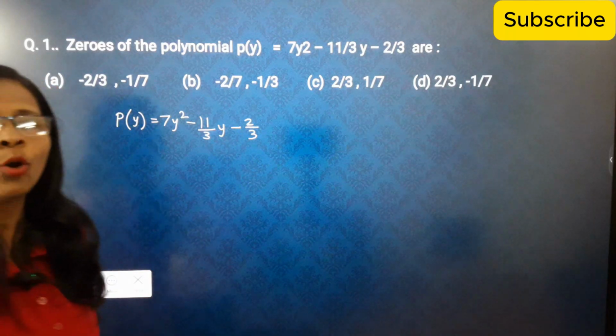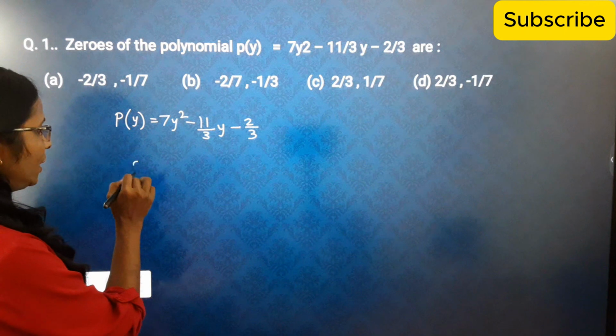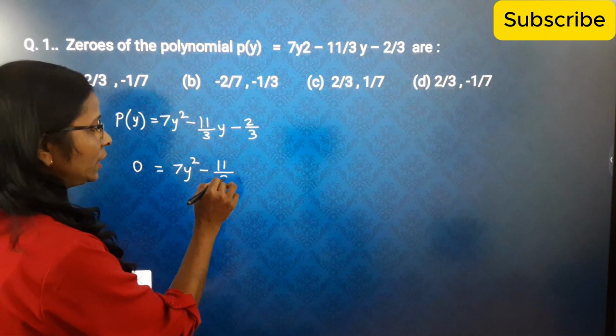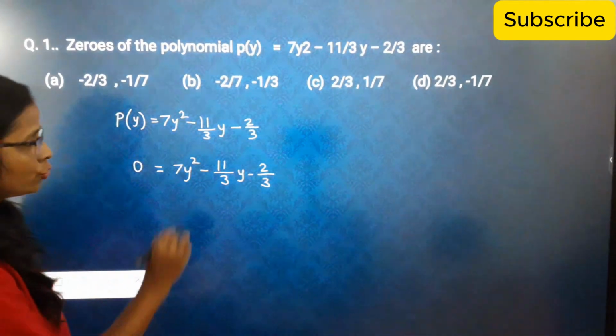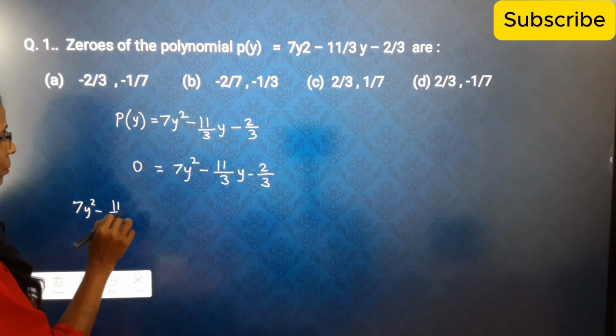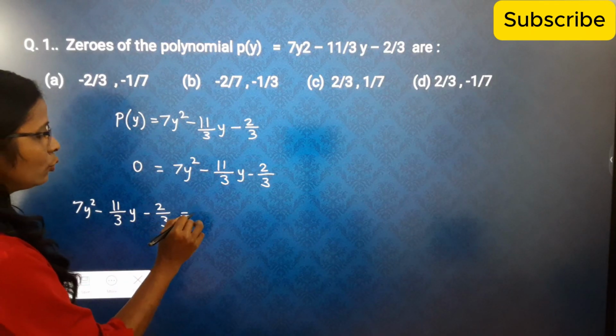This is the polynomial, and for its zeros, p of y is equal to 0. So 7y square minus 11 upon 3 y minus 2 upon 3 is equal to 0.